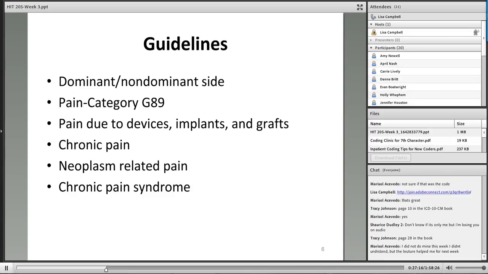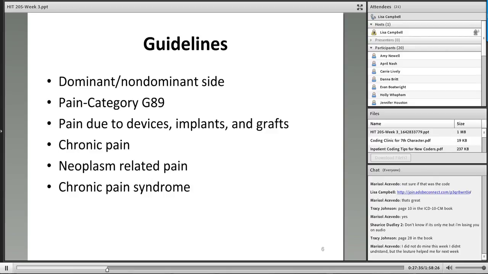And so they give you a few examples. If the pain is not specified as acute or chronic, or post-thoracotomy, or post-procedural, or neoplasm-related pain, you're not supposed to be using a code from category G89.